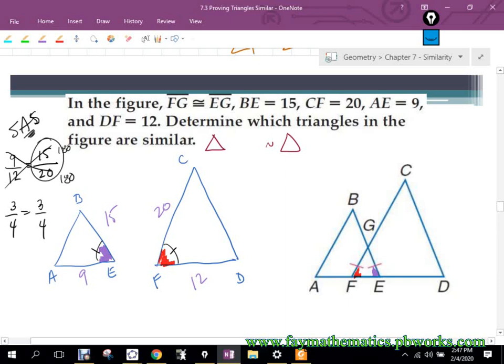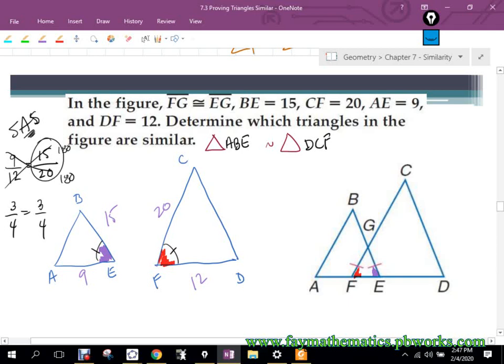But that being said, now I want to write down the name for these. I'm just going to name my first one ABE. If I name the first one ABE, then I need to name the second one DCF. Does that make sense?